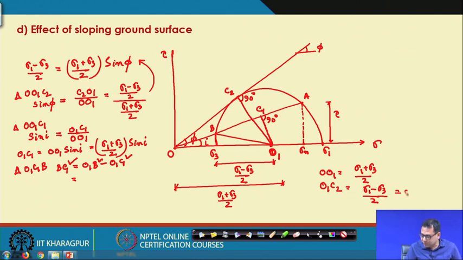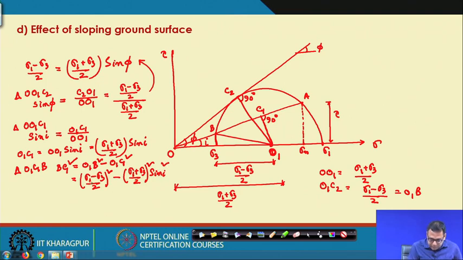So, O1 B is the radius. So, I can write sigma 1 minus sigma 3 divided by 2 whole square minus O1 C1 square, where O1 C1 is equal to sigma 1 plus sigma 3 divided by 2 and sin I. So, I can write sigma 1 plus sigma 3 divided by 2 square and sin I square.